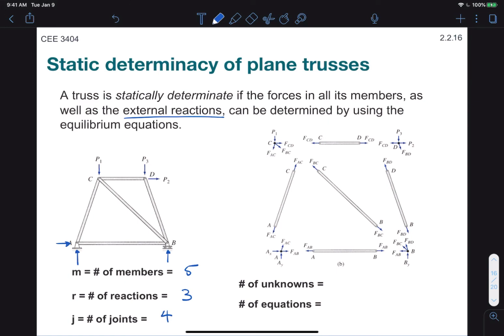What static determinacy entails is that if we blow this truss apart, we have enough information to solve for all of our unknowns. So what are our unknowns here? Our unknowns are, first of all, the member forces.